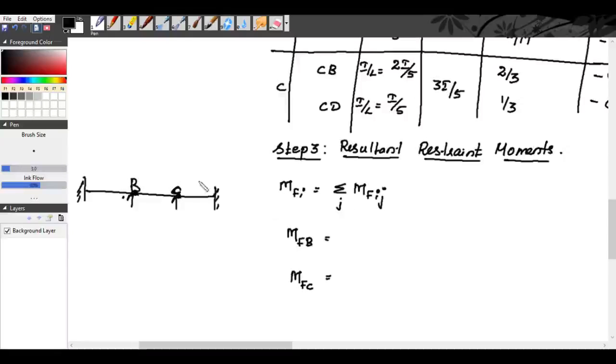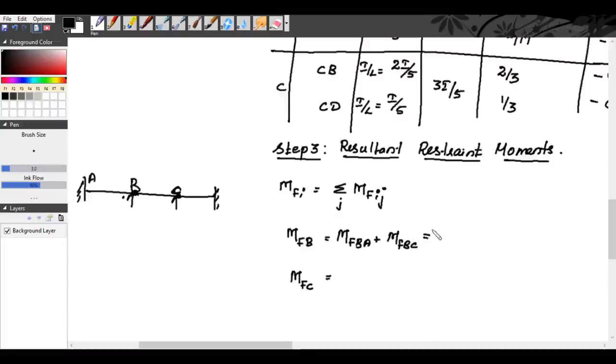So at B we have the members BA and BC. So MFB will be equal to MFBA plus MFBC. So that is the meaning of this.